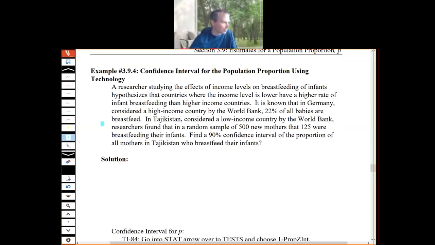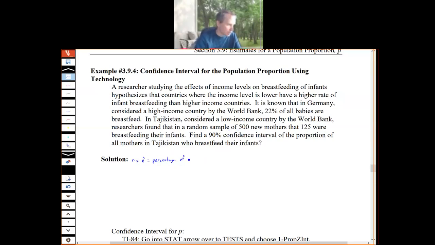Okay. So here, my random variable p hat is the percentage of mothers in Tajikistan that breastfeed. And when I say percentage, the p hat is the percentage of my sample of 500.